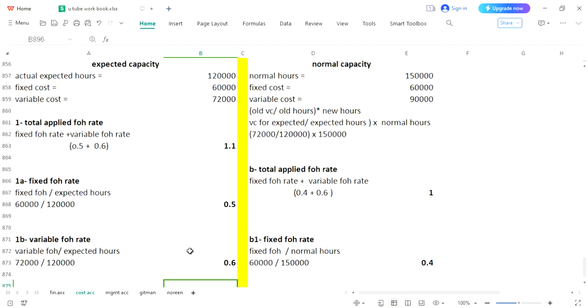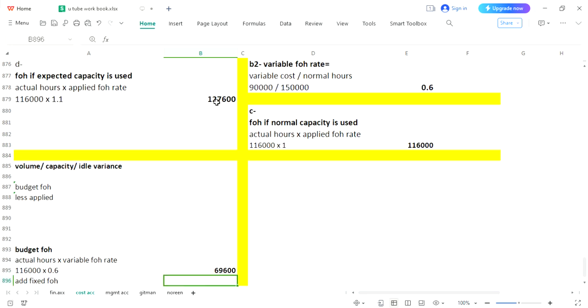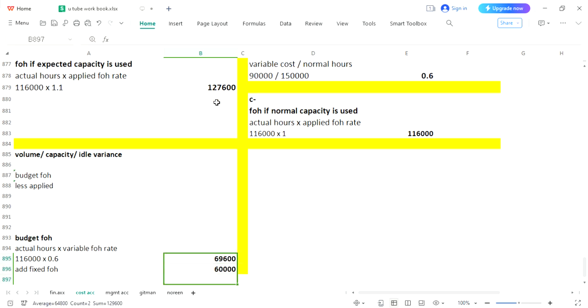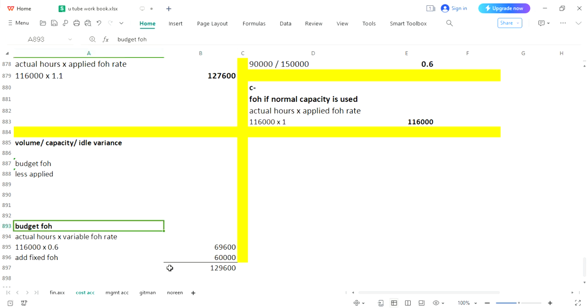We need to add fixed FOH, which is 60,000. By adding both, we will be able to calculate our budget FOH. Adding 69,600 and 60,000, we have got 129,600, which is our budget FOH.